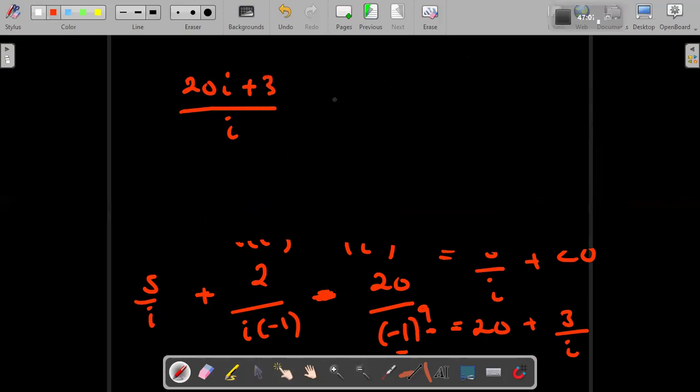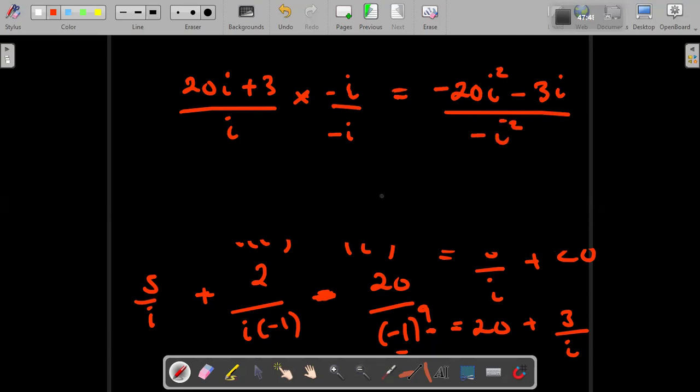From here, to get that form, I just have to rationalize, meaning I must multiply by the conjugate. The conjugate of i is just negative i. Conjugate of i is negative i, and there, what do I get? This negative i in the numerator multiplied by 20i, I'll get negative 20i squared. Then in the bottom, negative i squared.